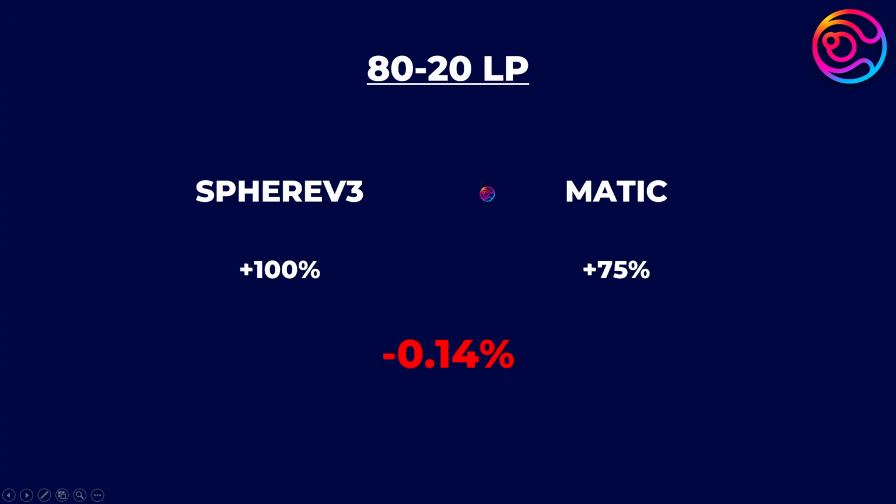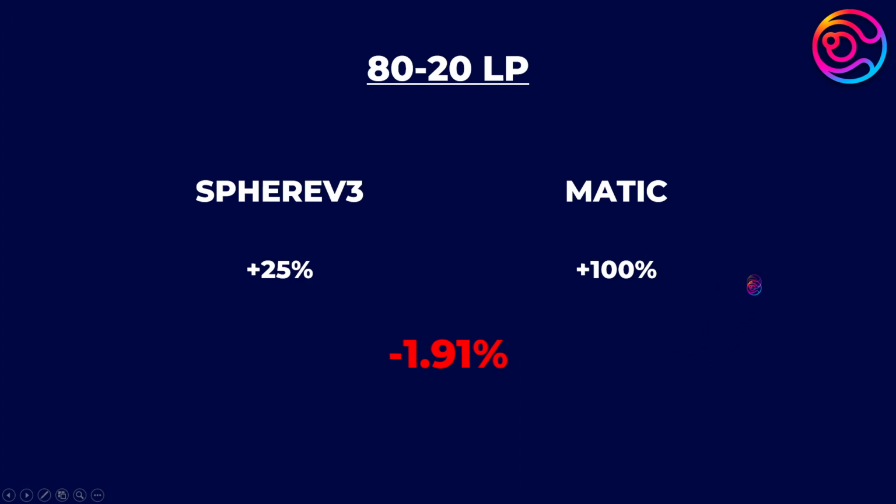In fact, even if the correlation between Matic and sphere turns out to only be 25%, the resulting impermanent loss is only 1.59%, and that increases only slightly to 1.91% if Matic had the greater change relative to sphere.